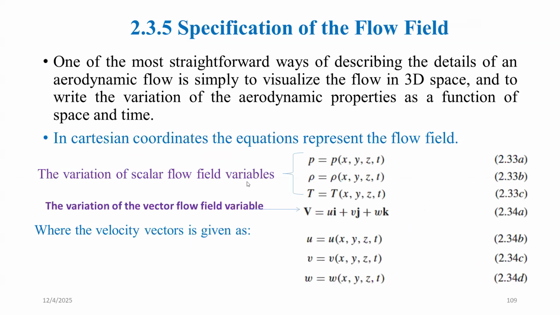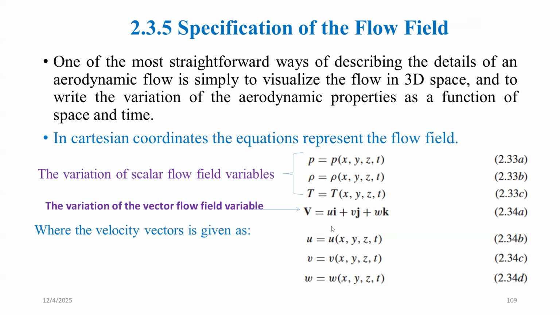Now let's discuss the specification of the flow field. The flow field contains some variables. Some of the variables included in the flow field are scalar fields and others are vector fields. We have about five flow field variables. Pressure, density, and temperature are flow field variables.